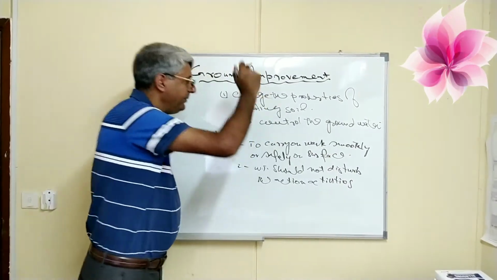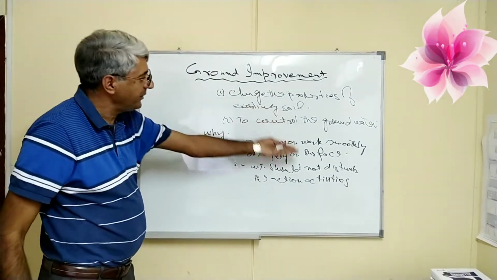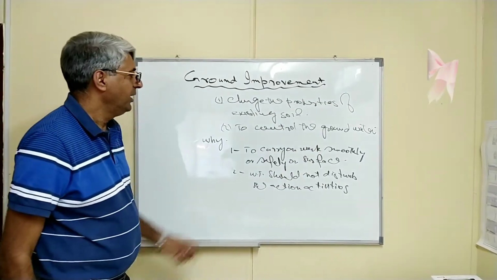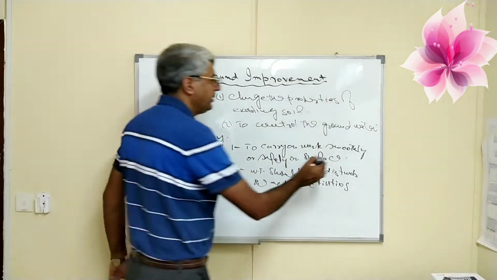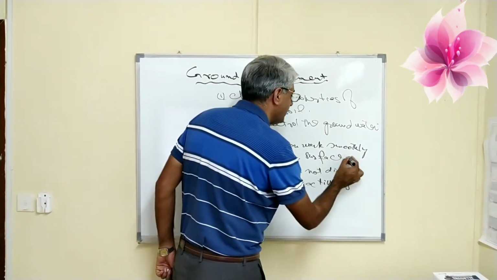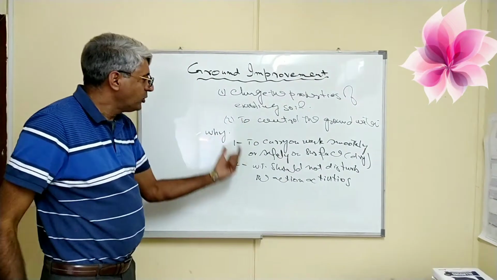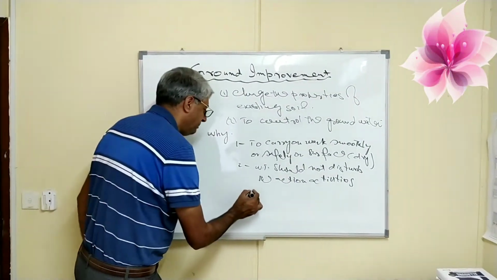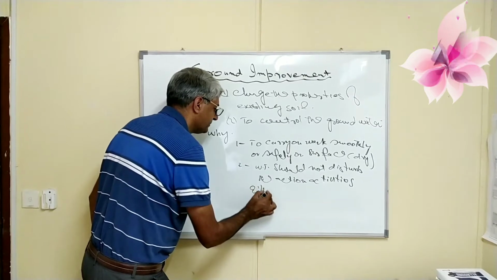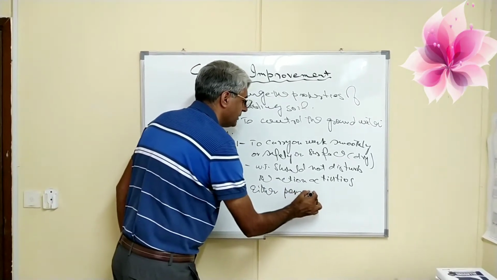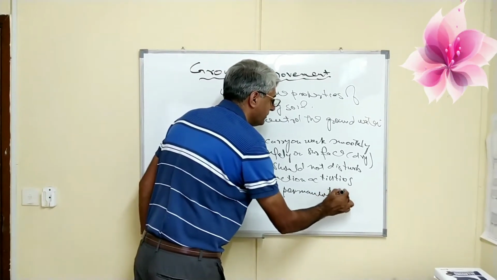Now, these two types of why, the answer is what I have given over here. In order to carry on the work smoothly or safely on surface, it means that if we are talking about this water, the considered surface can be dry. These two conditions are either permanent work or temporary.